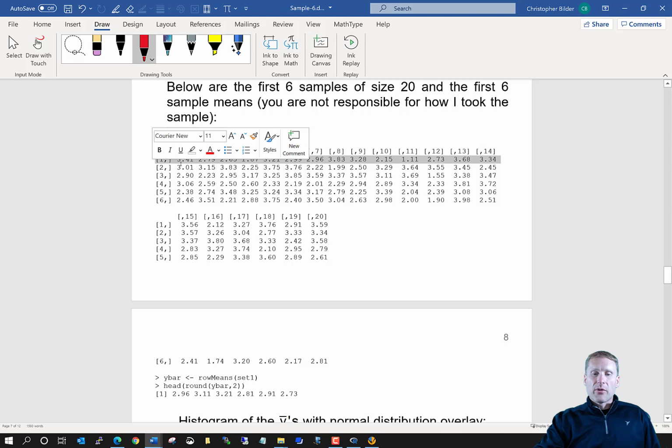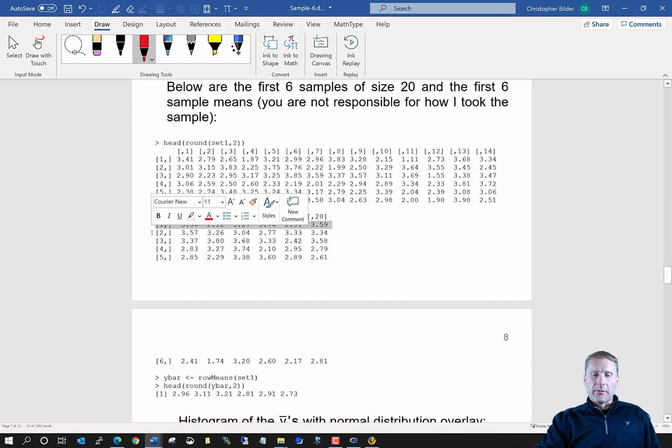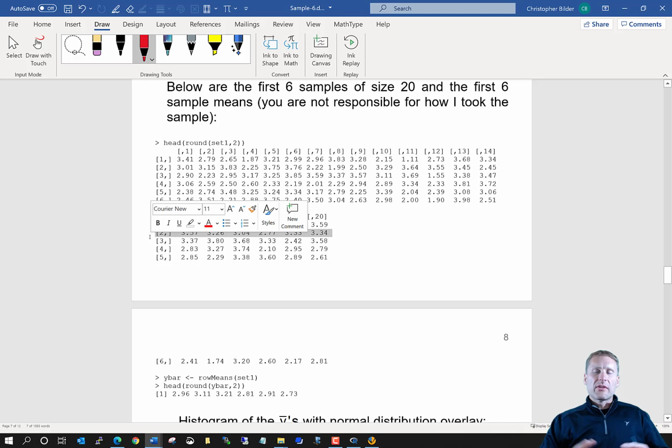The very first person had a GPA of 3.41, the next person 2.79, and so on. Here are the last 6 observations from that first sample. Here's the second sample, the first 14, the last 6 from the second sample, and so on. So I have this all arranged into rows and columns.